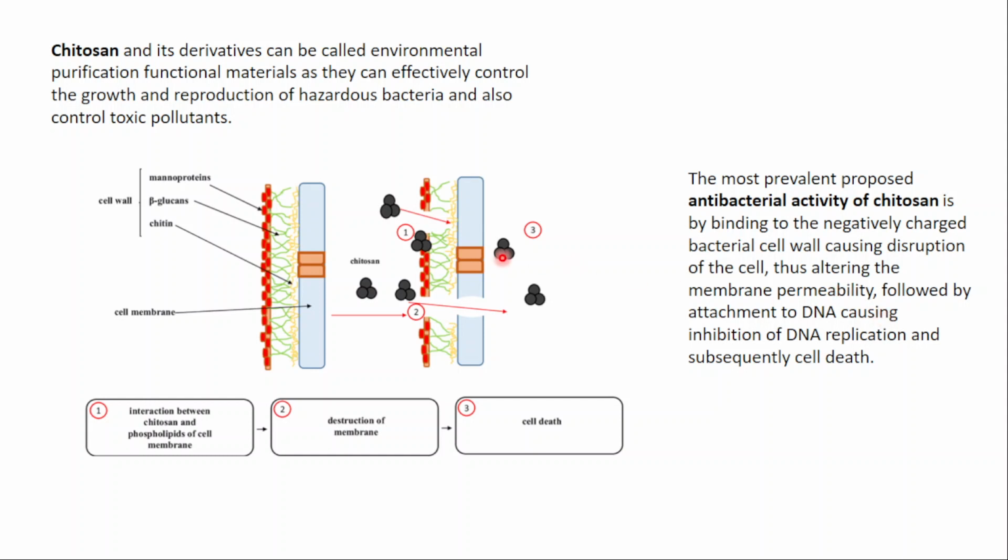So now we have introduced a molecule which can puncture holes into the cell membrane, compromising its membrane permeability, followed by attachment to DNA causing inhibition of DNA replication and subsequently cell death. So one of the proposed mechanisms is that chitosan goes inside. First, it punctures the cell wall and cell membrane, goes inside the cell, binds to the DNA molecule, and inhibits DNA replication, leading to cell death of the bacteria. Right?